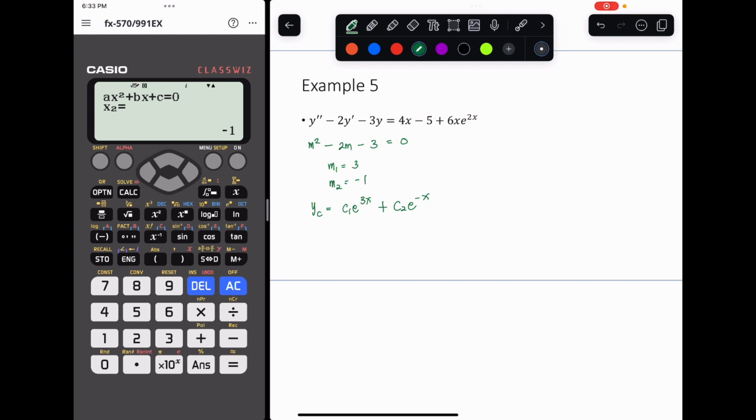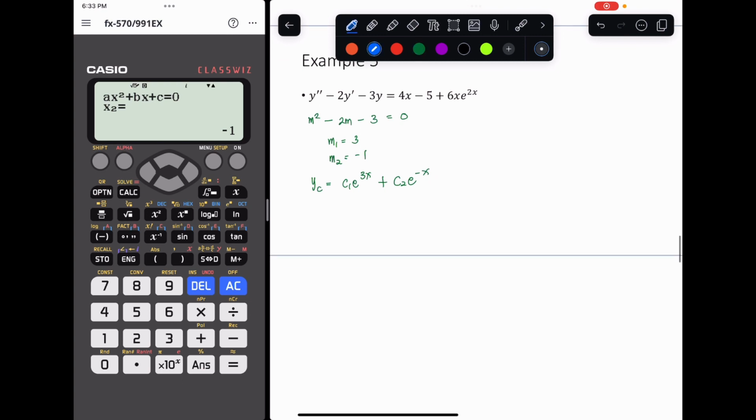For our solution, this is a combination of algebraic and exponential. So for our yp, I'll start with the first two. Since these are algebraic, the particular solution will be ax plus b. But for our second one, it's a combination of algebraic, or polynomial, and exponential.